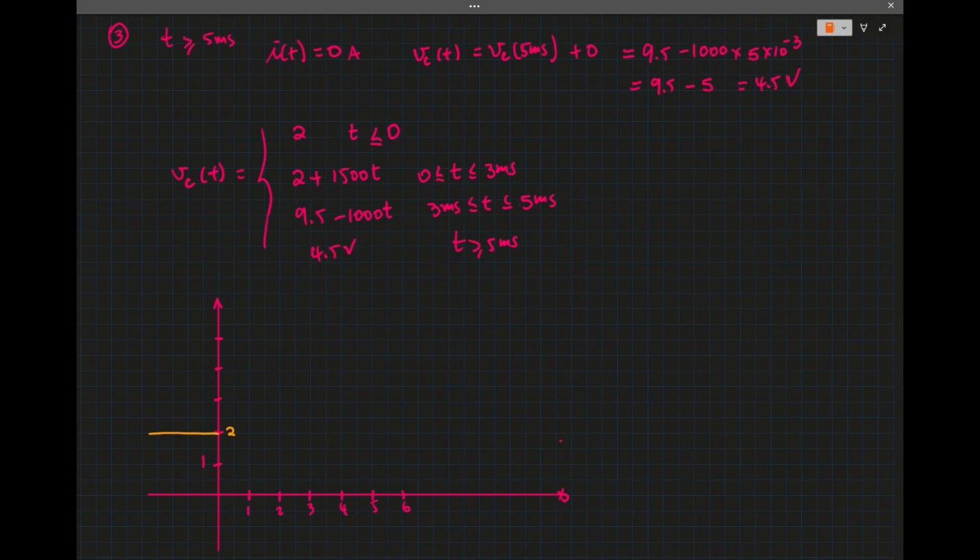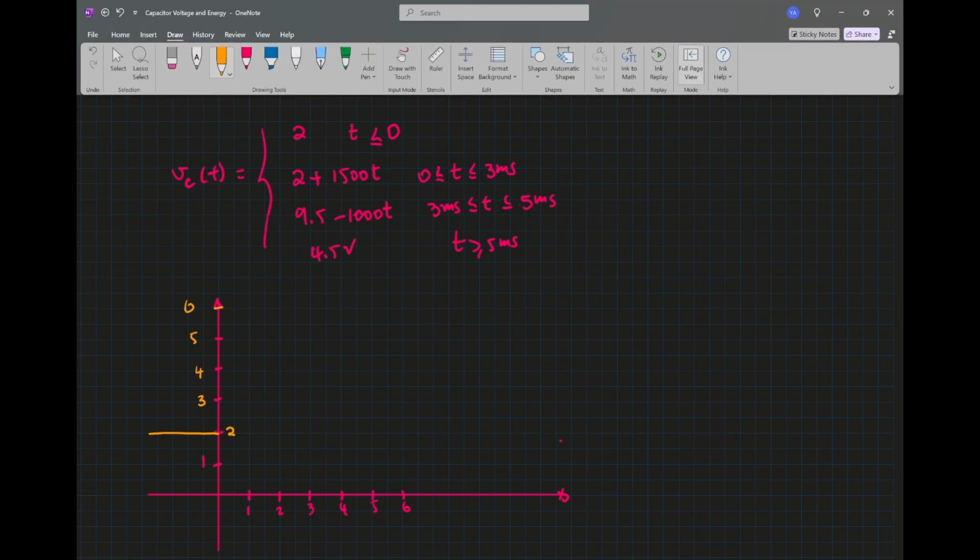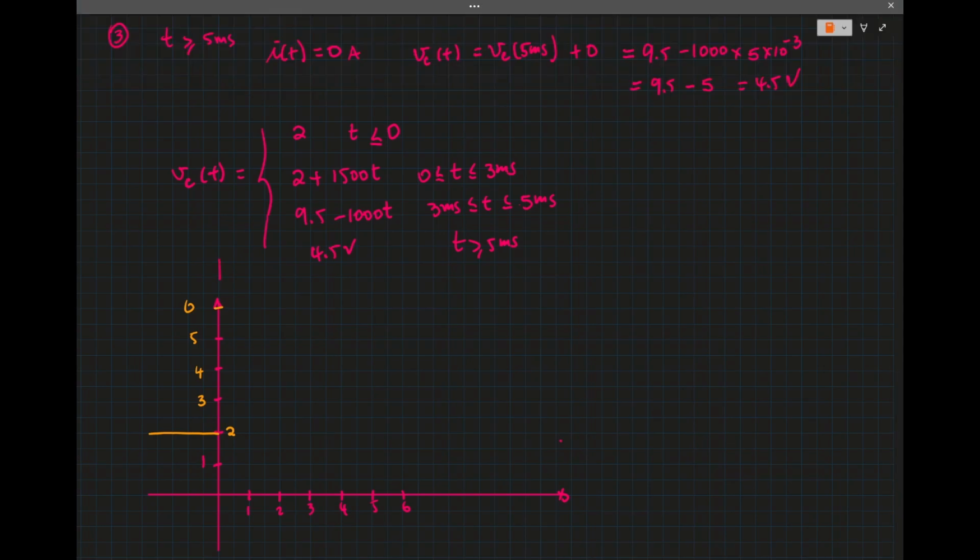Then from 2 to 3, this is 3, 4, 5, 6. So let's say this is 6.5. So it should go to 6.5 at 3. If you plug that in, 6.5.